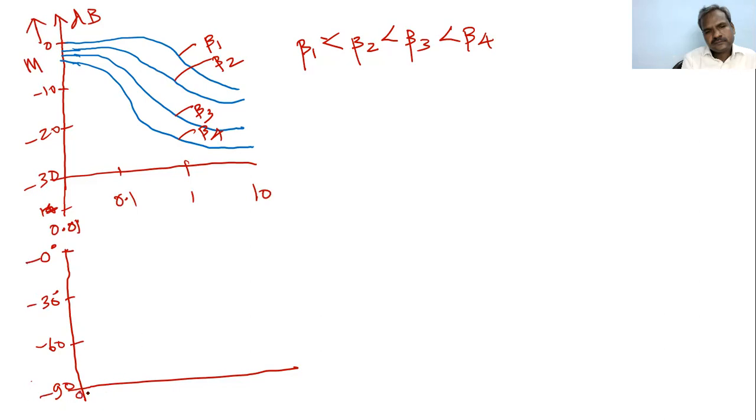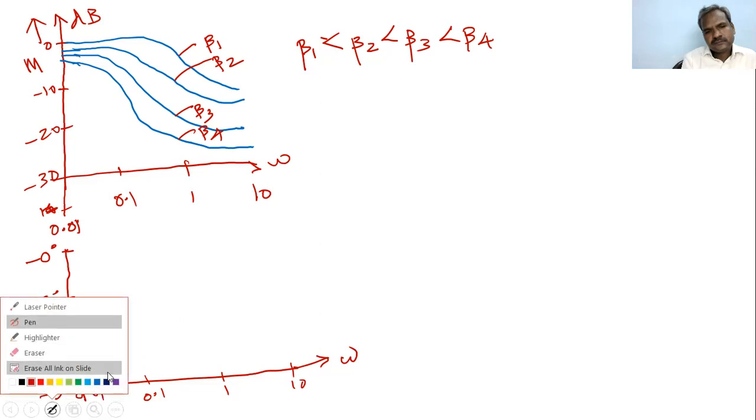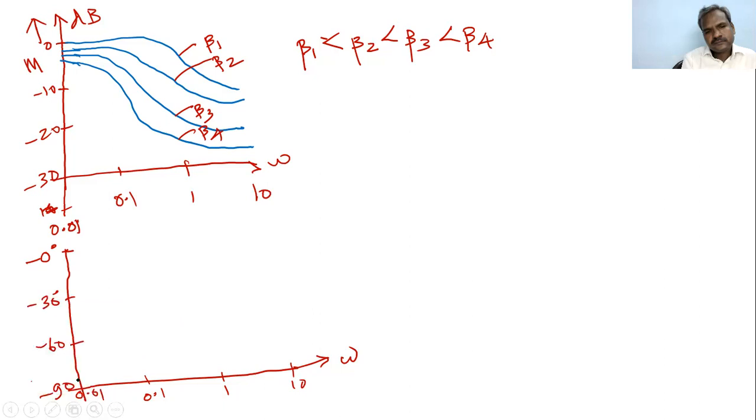Similar to this, 0.01, 0.1, 1, 10. This is the variation of omega. See what happened to the phase plot when we vary the beta value from one value to another.